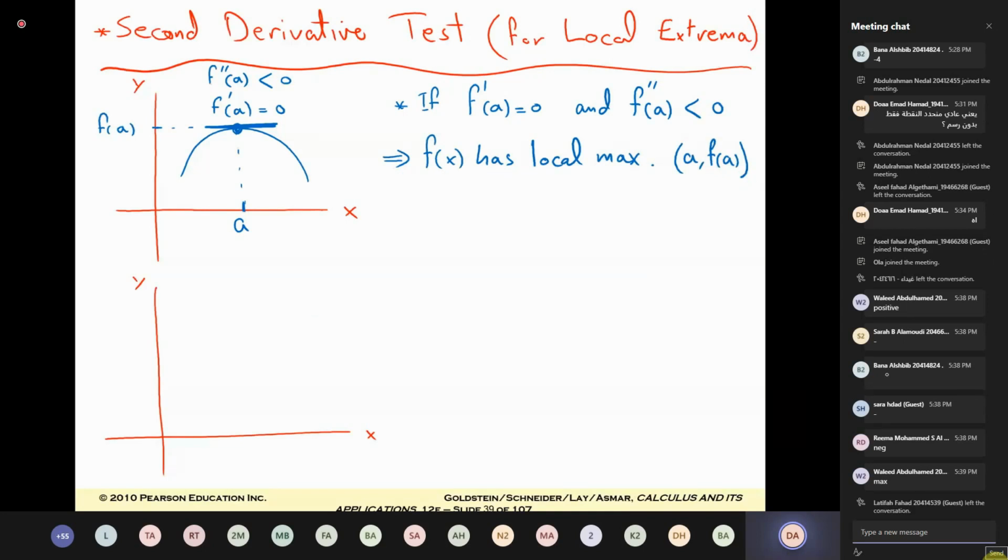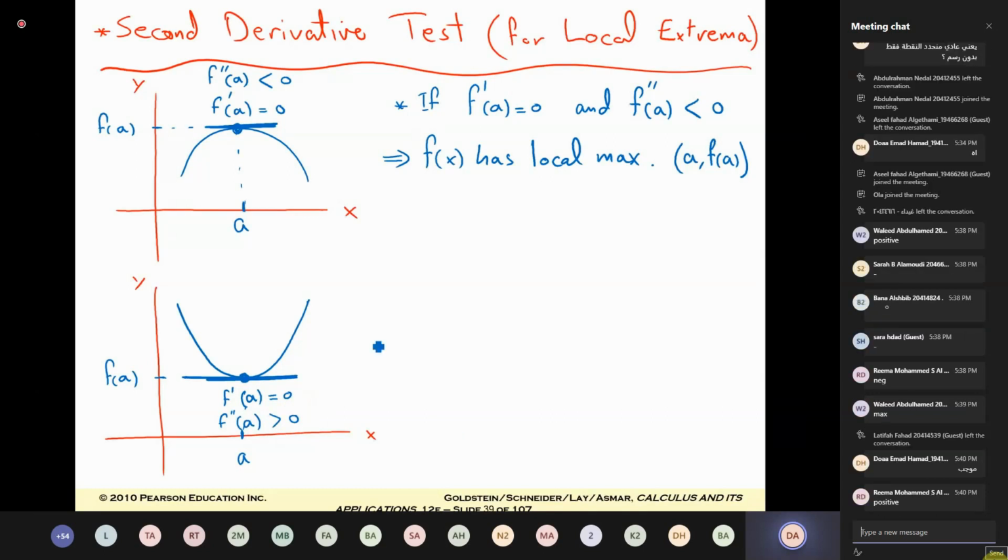Okay, another case like this, we have A here and f of A. We also have this critical point, the tangent line, f prime of A equals 0, and f double prime of A. Look at this, concave up. A in the interval where f of x is concave up. So f double prime at A must be positive.